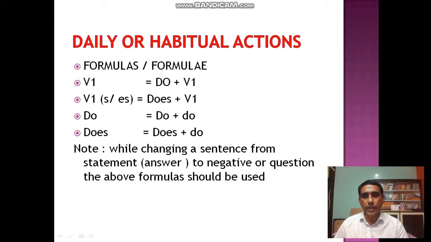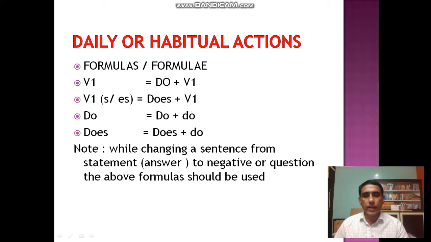If you find V1, you can understand it consists of do plus V1. If you find V1 S oblique ES in the given sentence, we need to understand it consists of does plus V1.